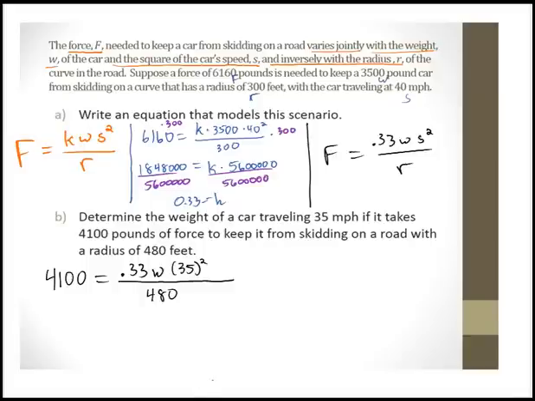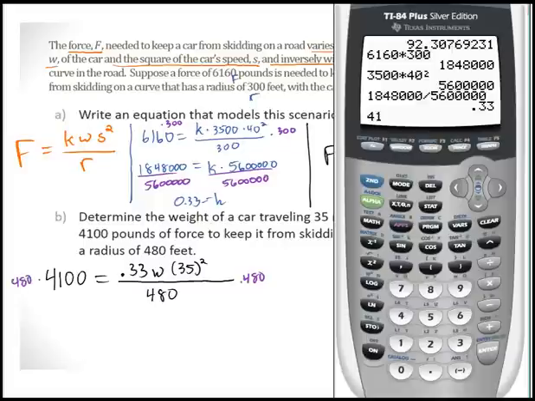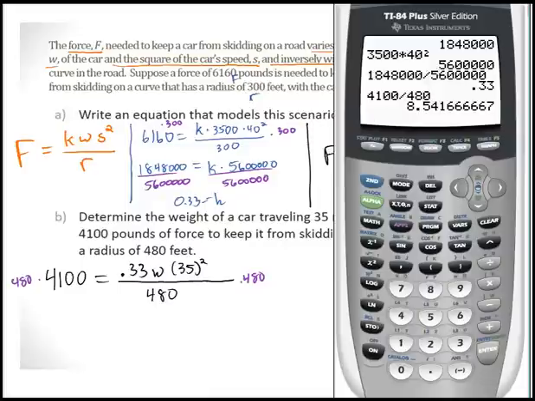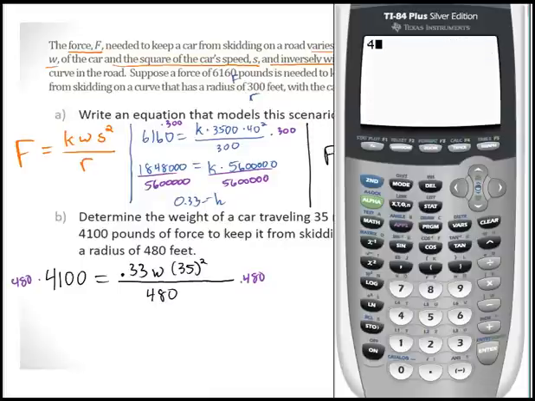I will multiply through by 480. 4,100 times 480 is 1,968,000.